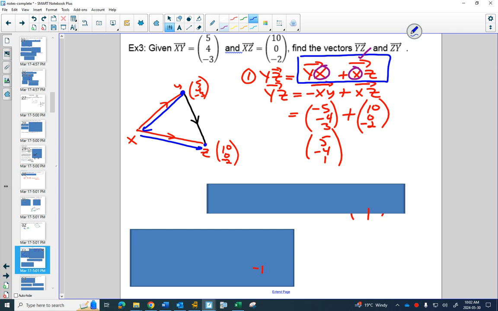So you can either draw the diagram to get what you want to do, or what we did in the equation is we broke up Y to Z by making a stopping point in between. Sometimes it's too long to drive all the way home, and you have to have a stop at McDonald's or at Starbucks on the way.